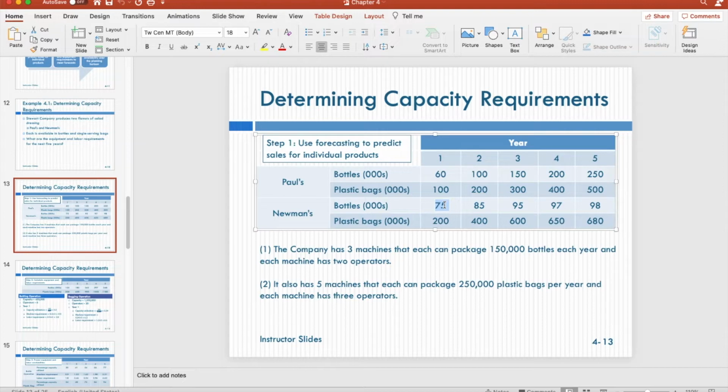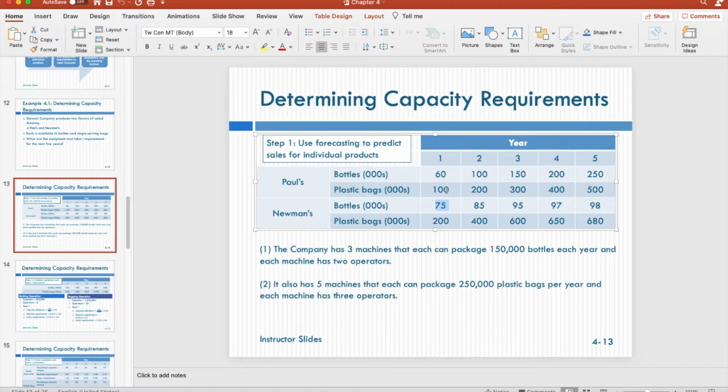So it tells you that no matter whether the bottle is used for Paul's or for Newman's, in total we need to produce 60 plus 75, which is 135 bottles. That is the amount of bottles that we need. And similarly in year one, how many plastic bags do we need to produce in order to contain Paul's flavor or Newman's flavor?